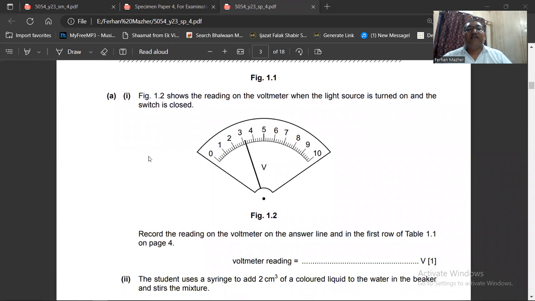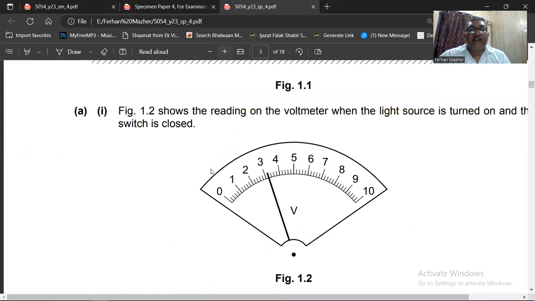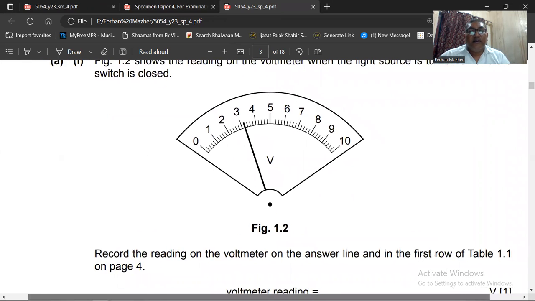Figure 1.2 shows the reading on the voltmeter when the light source is turned on and the switch is closed. Record the reading on the voltmeter on the answer line and in the first row of table 1.1 on page 4. So what is the reading on the voltmeter? I can increase the size so you can see it more clearly.